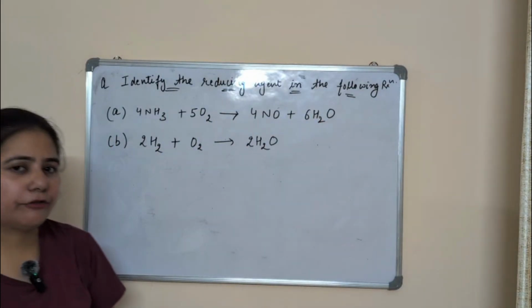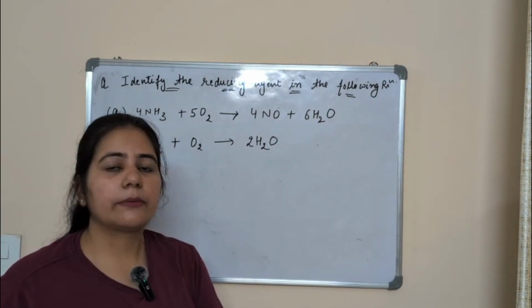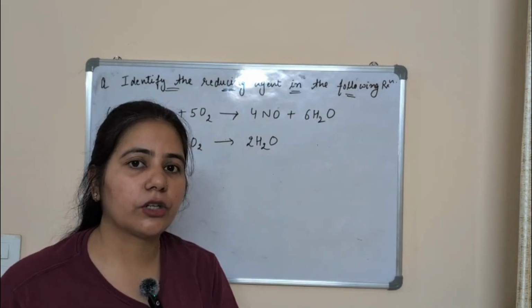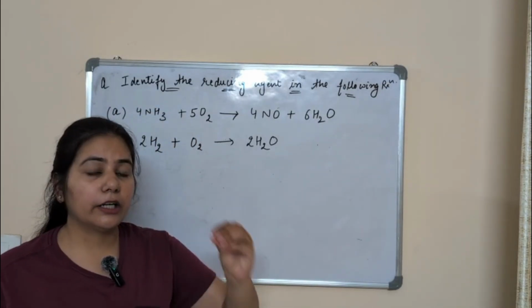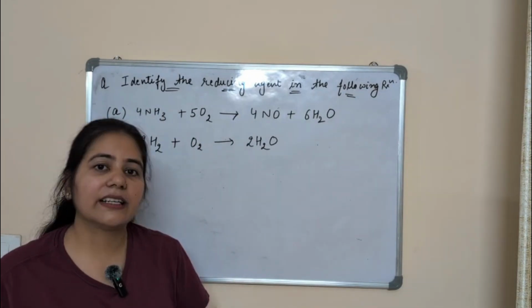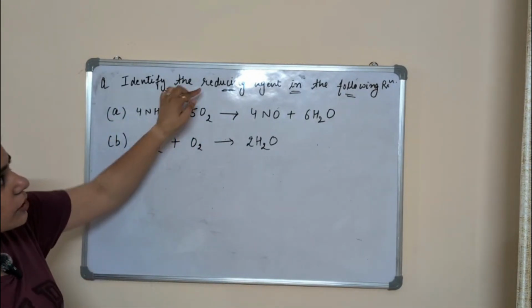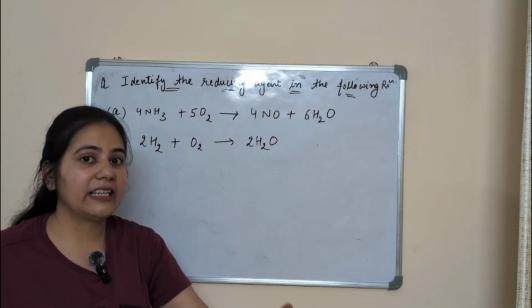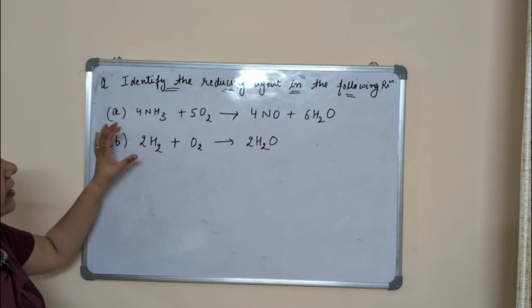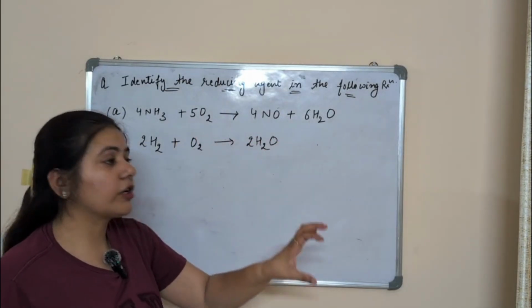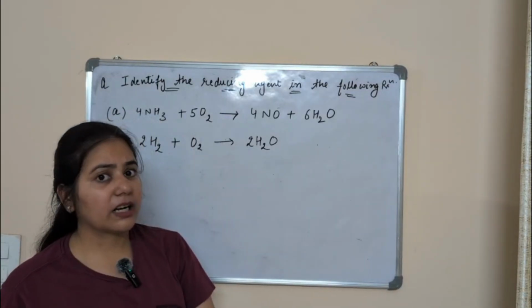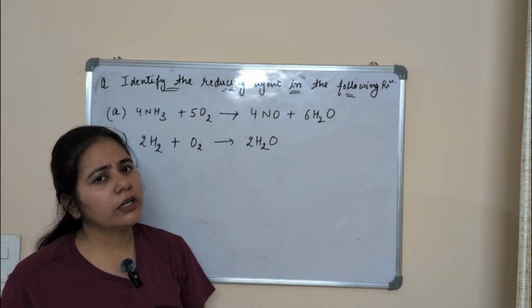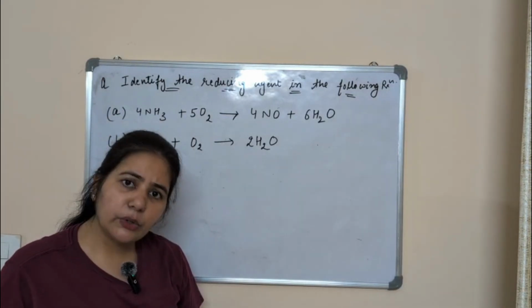As per definition, the substance which is undergoing oxidation will act as the reducing agent, and the substance undergoing reduction will act as the oxidizing agent. In this question we are asked about the reducing agent. It means we have to see which element or compound in this equation is undergoing oxidation, because that will be the reducing agent.